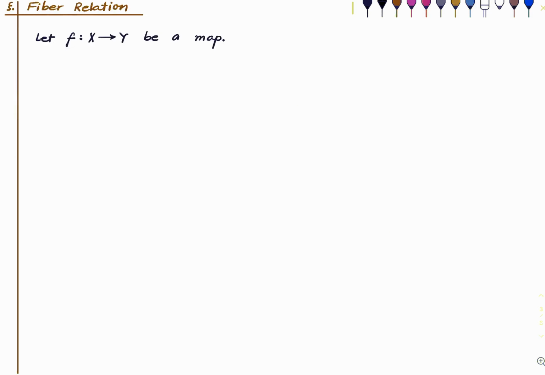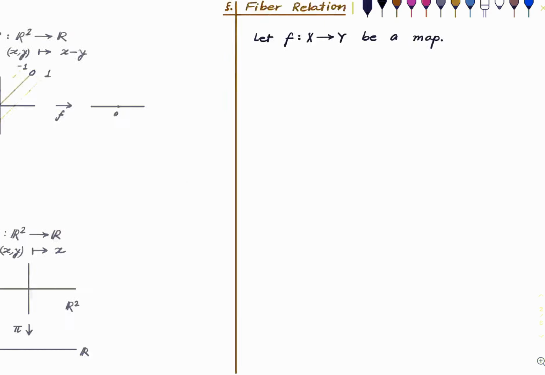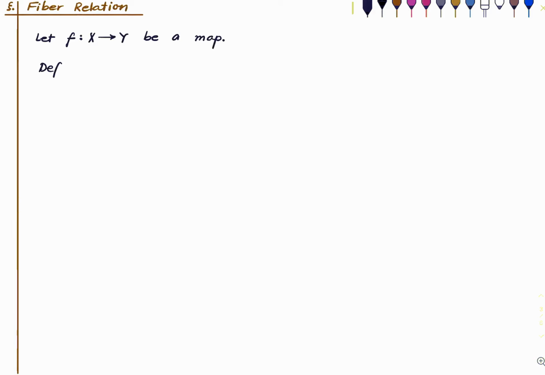The fibers can also be seen to arise from an equivalence relation called the fiber relation. Again, I think I discussed this in my primers on relations and functions, but good to recall. So suppose we are given a function f from a set X to a set Y, then we define a relation tilde sub f on the domain as follows.